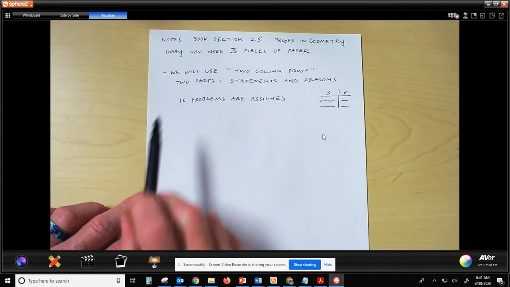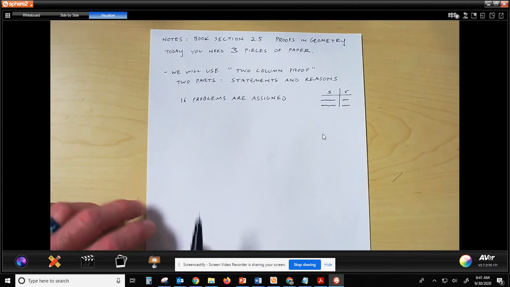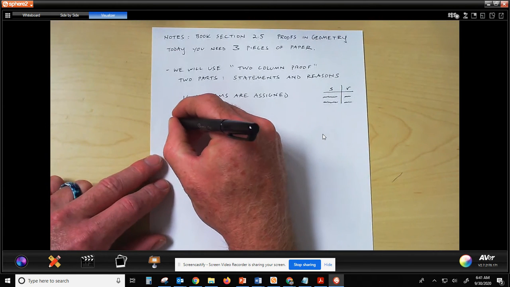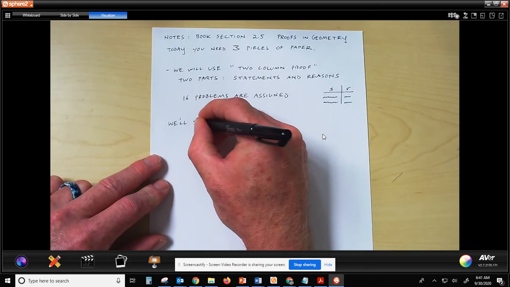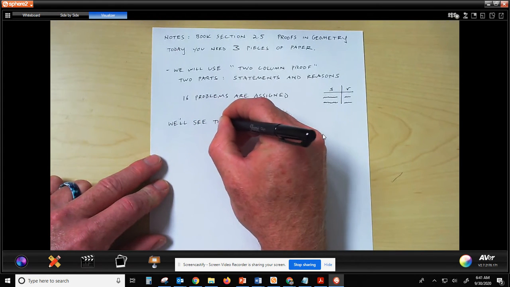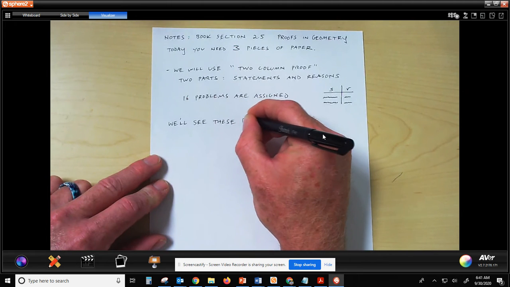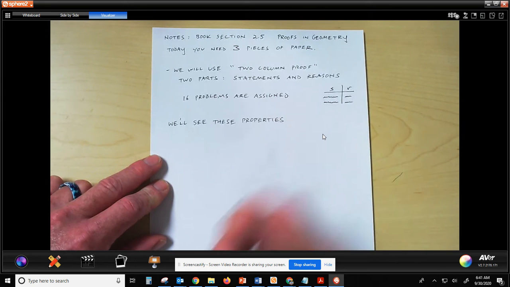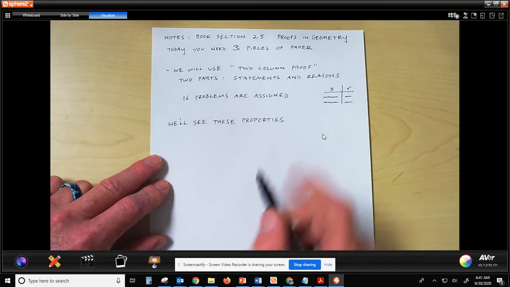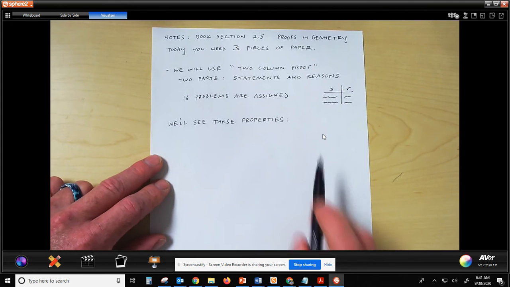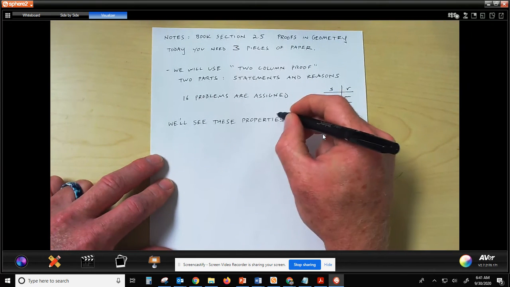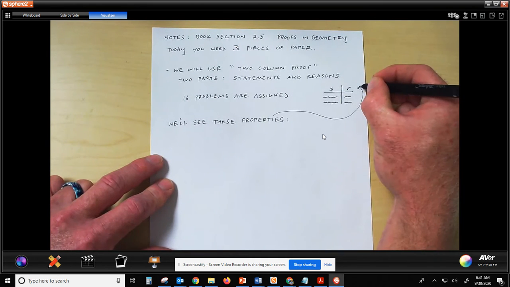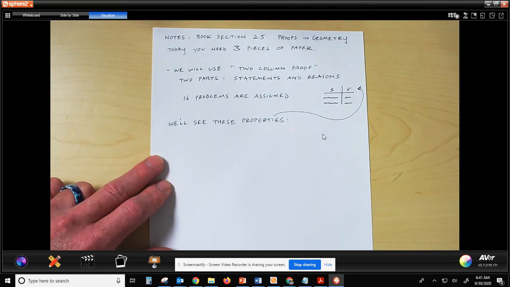And then I want to touch on something once again that Ms. Sitek brought up yesterday. We'll see these properties today. And properties are established math that we can use as reasons. So properties, they help with the reasons. Okay.